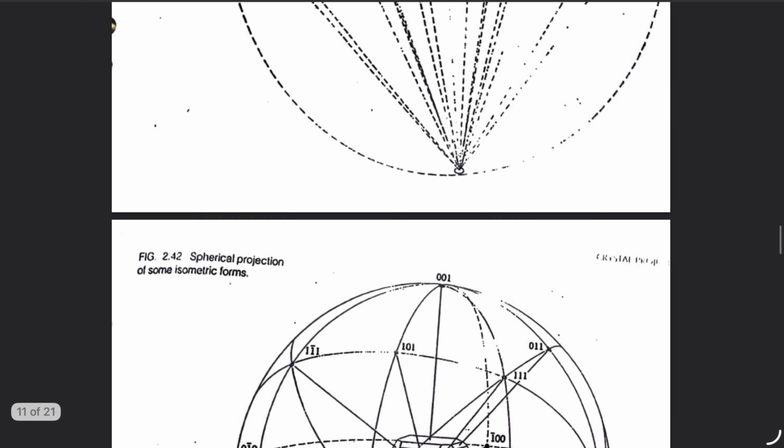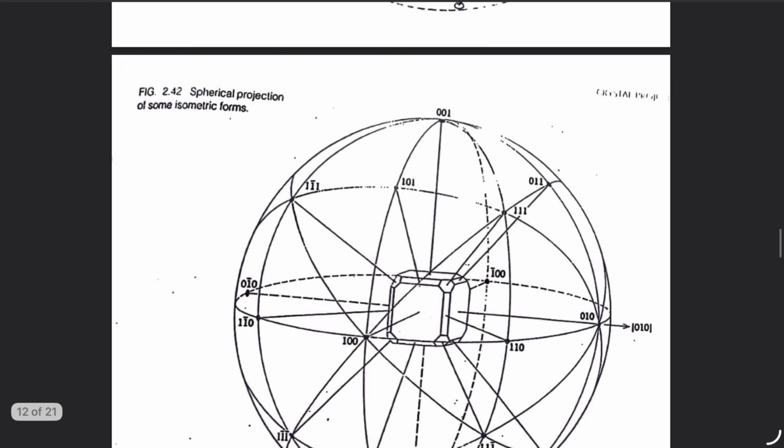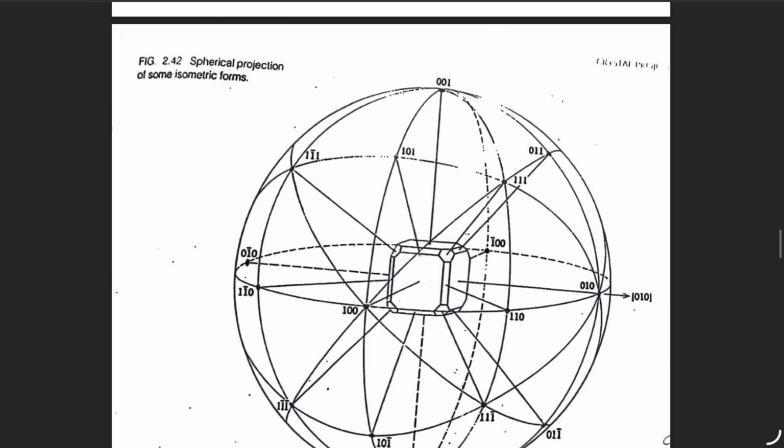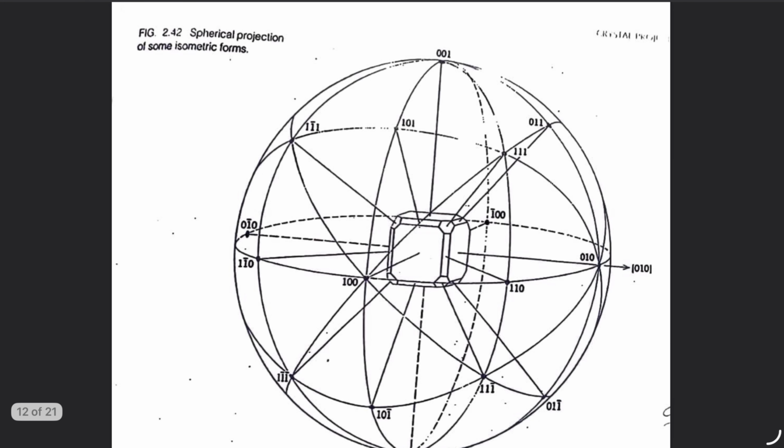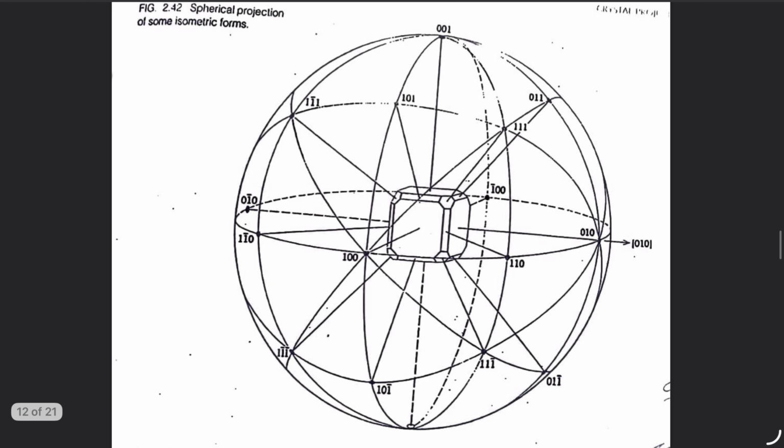Before we start stereographic projection, let me show you the spherical projection. So here is the sphere. A cubic crystal model has been taken, and the center of this cubic model coincides with the center of the sphere.